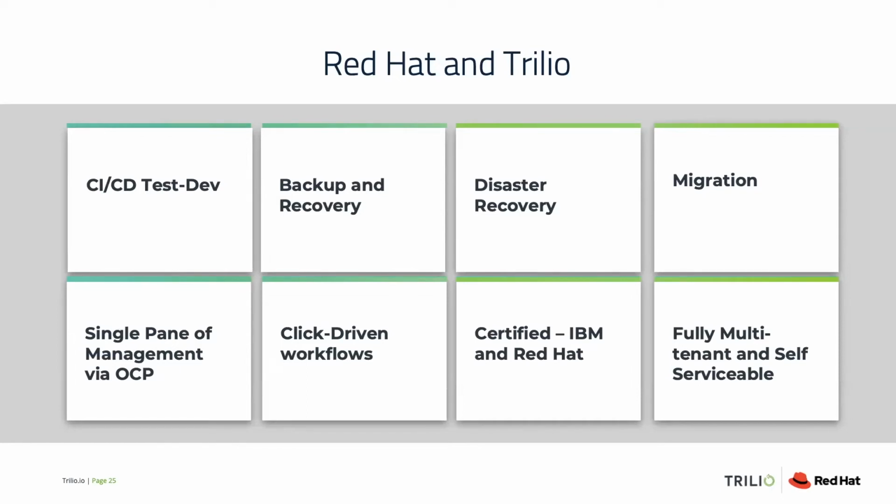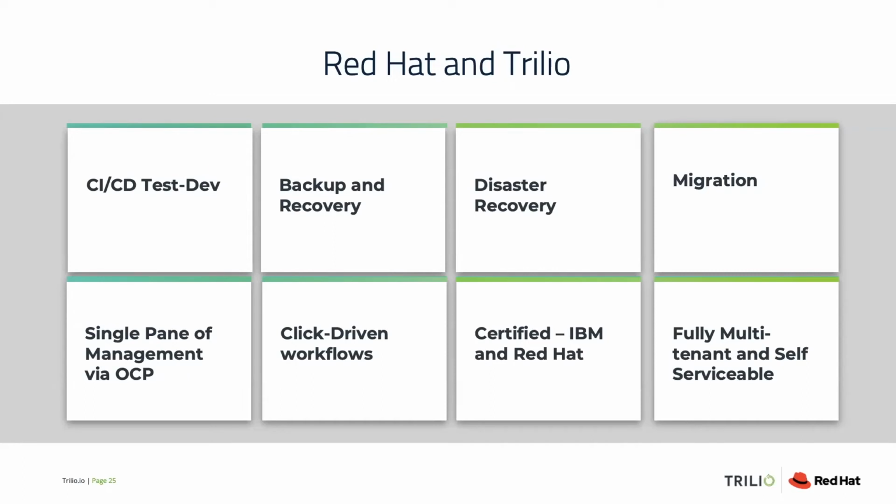You get the single pane of management with OpenShift using the operator framework, having the ability to manage everything within a single interface makes things easier for management. And you can have these click-driven workflows without the constant need to manage YAML.